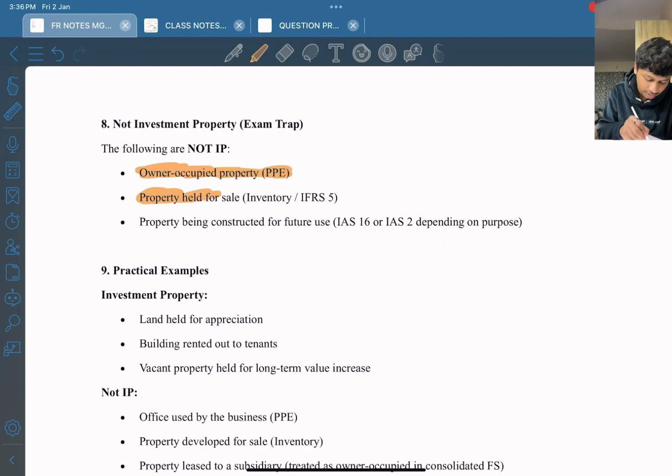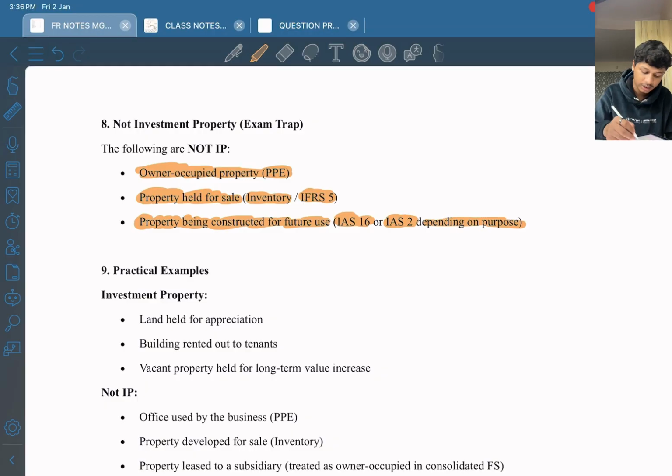Property held for sale is not an investment property, either it is inventory or it is IFRS 5, depending upon the nature. Property being constructed for future use is IAS 16 or IAS 2, depending on purpose. IAS 16 is again PPE, and IAS 2 is inventory.